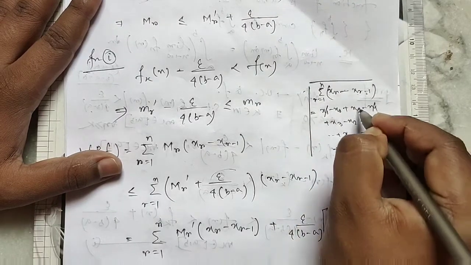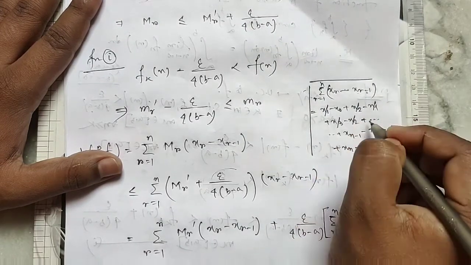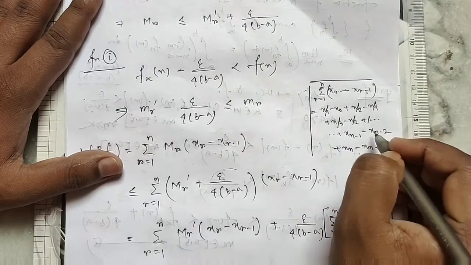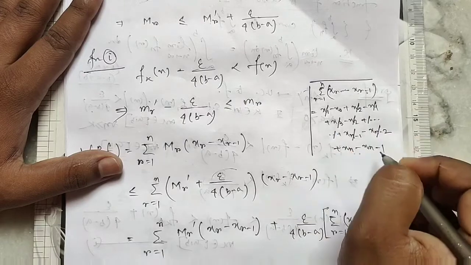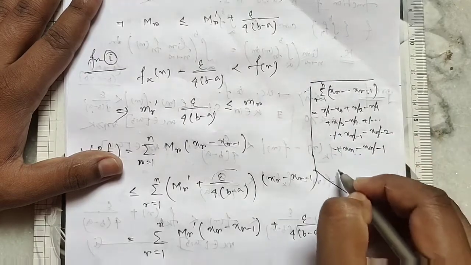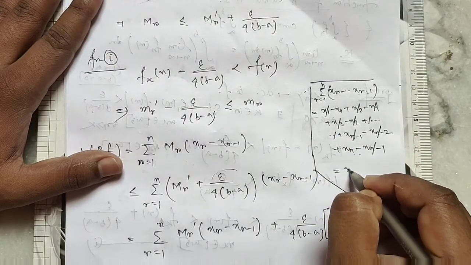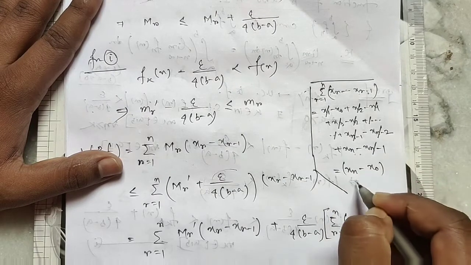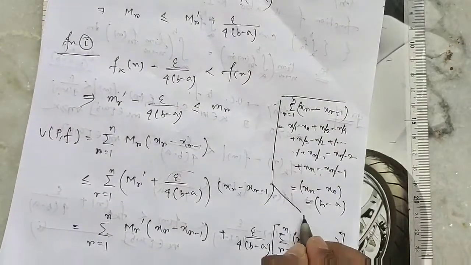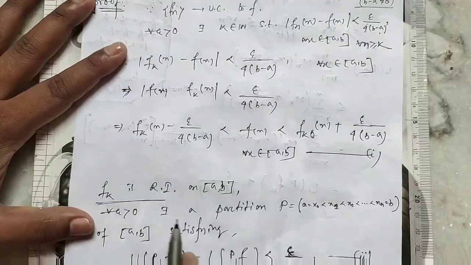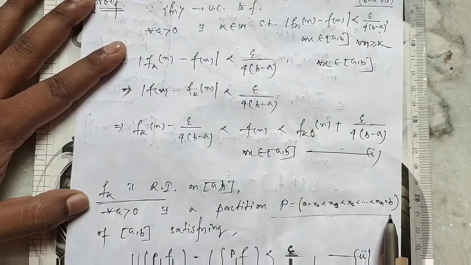Since x1 is cancelled out, x2 is cancelled out, similarly x3 will be cancelled out, and so on, x_{n-2} cancels out, x_{n-1} cancels out, ultimately x_n minus x0. That is b minus a, because P is a partition on [a,b].